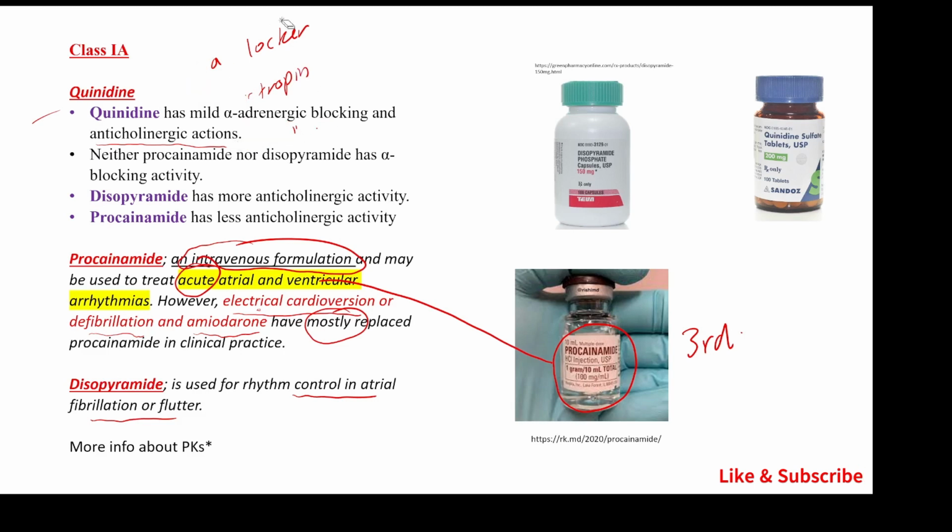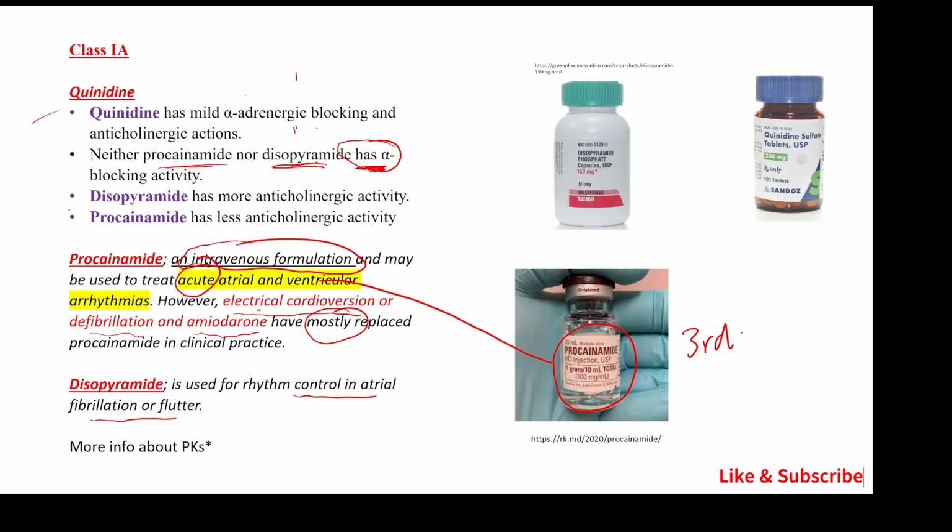Okay, so what happened here? In this group of medication, what about the other medication? Disopyramide and procainamide have neither activity blocking alpha receptors, so they may not inhibit alpha receptors.